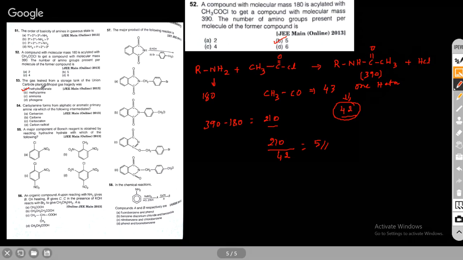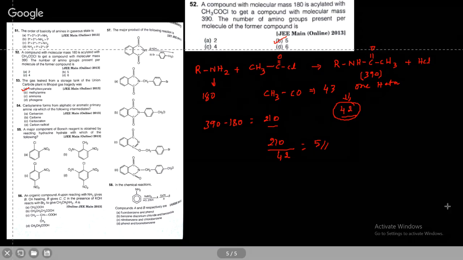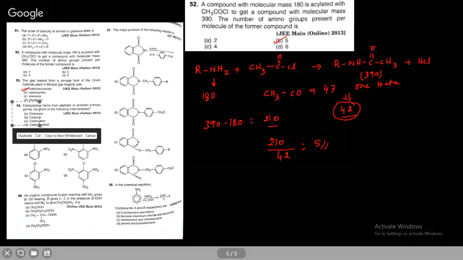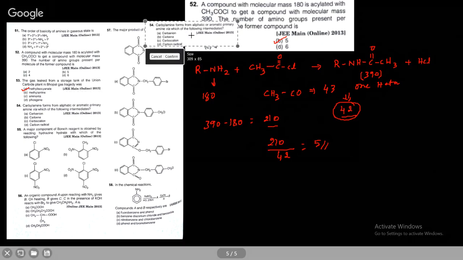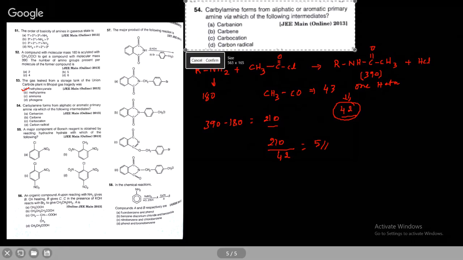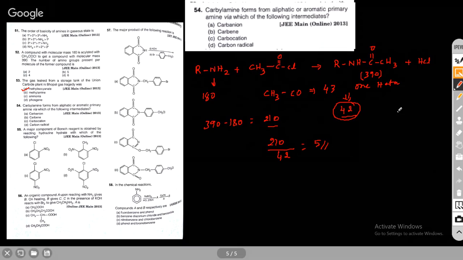Bhopal gas tragedy, methyl isocyanate. 54.